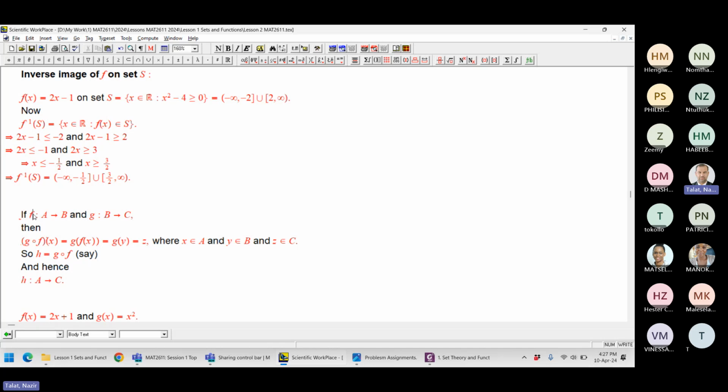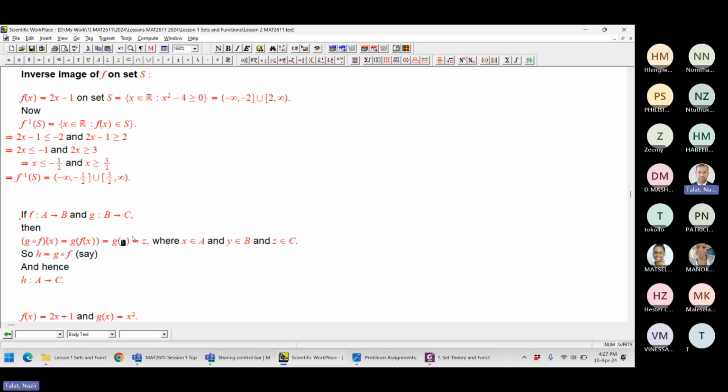And remember that f of x gives us an entry in the set B. So since it gives us an entry from B, we can apply g on that. Now, if we apply g on that, g of f of x gives us g of y, because f of x we say is equal to y, where y is an element of set B.